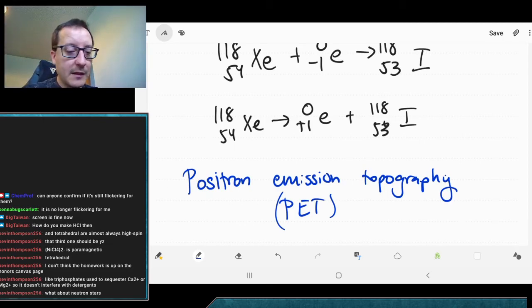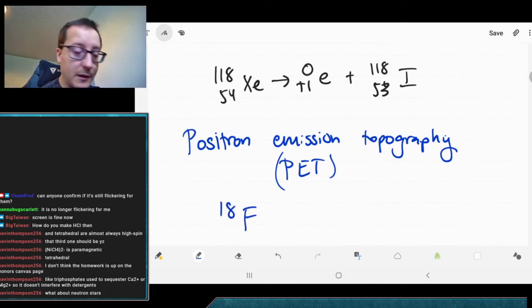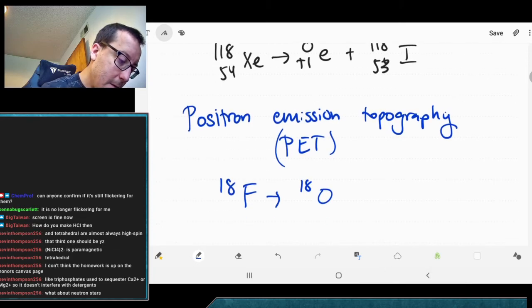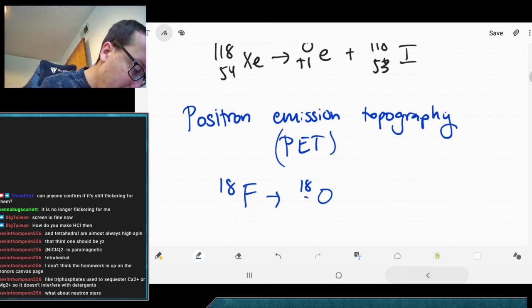Typically fluorine is something that's common. Fluorine-18 will undergo positron emission. And so we're going to end up with oxygen. What's oxygen's atomic number? Why can't I remember? No, it is right. Okay.